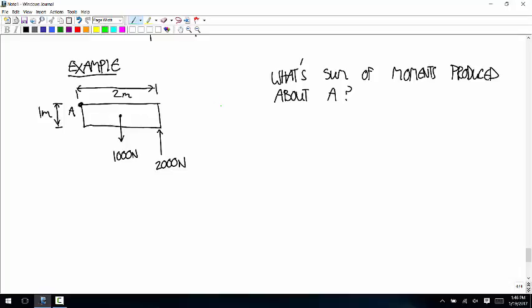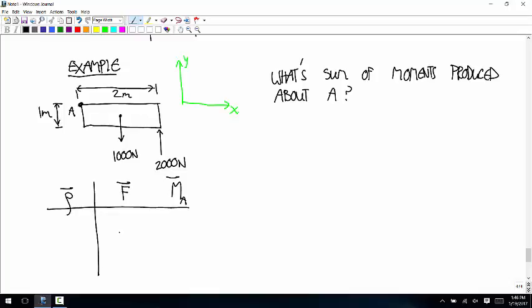Well, I'm going to use a standard coordinate system like this. And I'm going to write out this table. So we have a column for the row vector, column for the force vector, and a column for the moment. And each force is going to get its own row. I'm going to start out with this 1,000 Newton force.